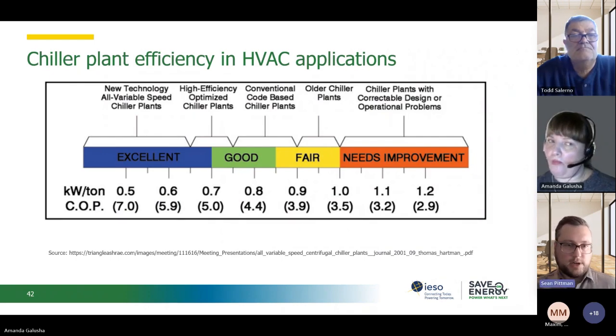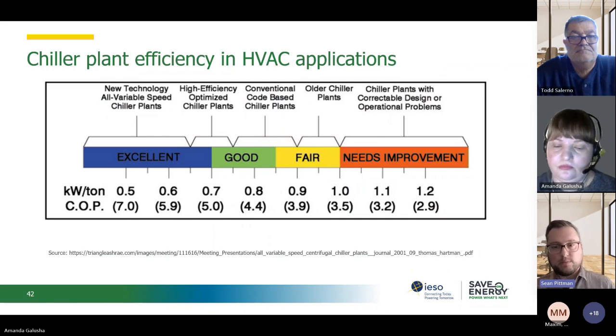This is a great little chart you can use to reference how your chiller plant is performing. This covers all components of your chiller or process cooling system, not just the chiller. If you are performing at less than 0.7 kilowatts per ton for your plant, that would be considered excellent.